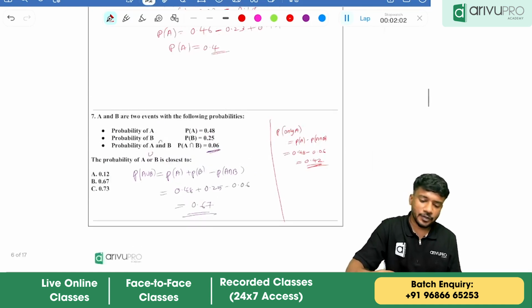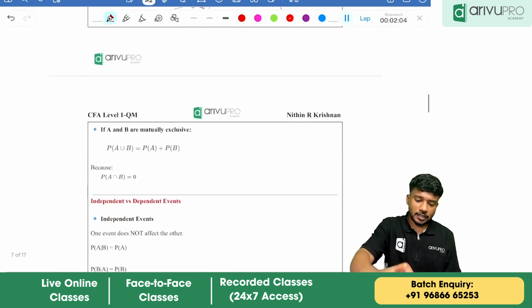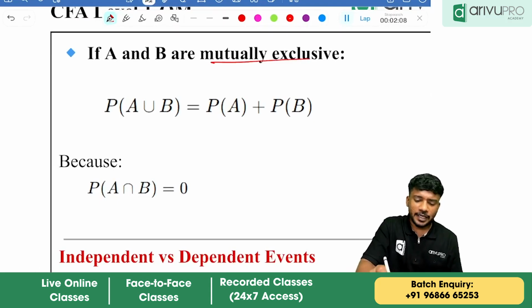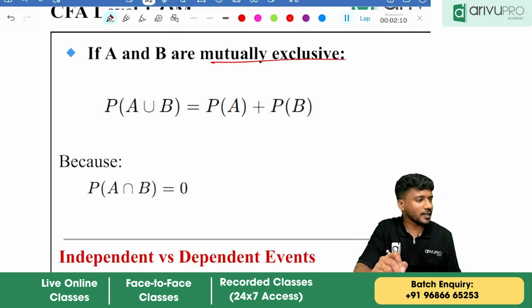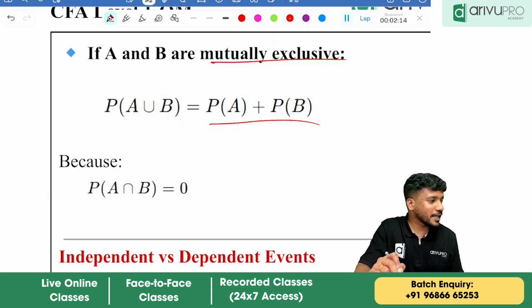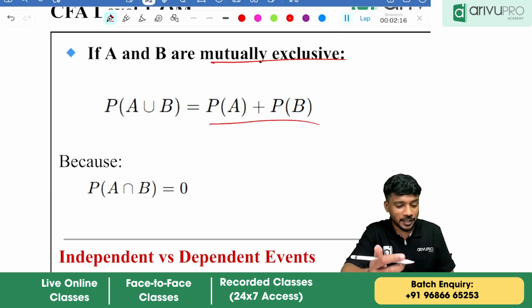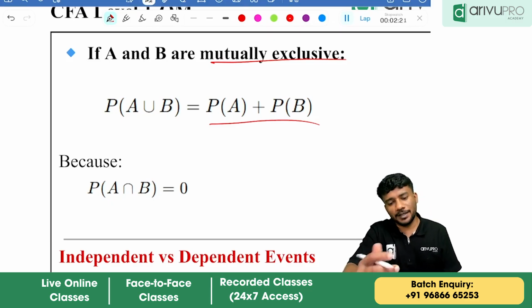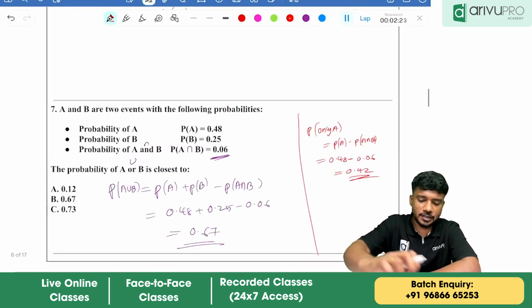Yes. Anyway, when the events are mutually exclusive, I can write it as P of A union B is equal to P of A plus P of B. What if it is mutually exclusive and exhaustive at the same time? I can write it as 1 is equal to P of A plus P of B. Okay. Yes.